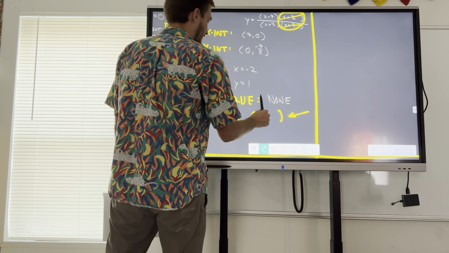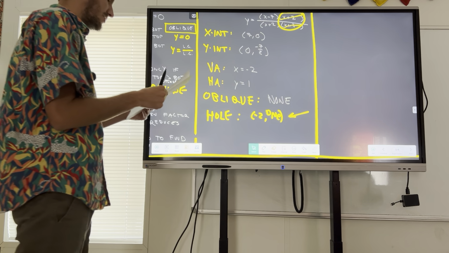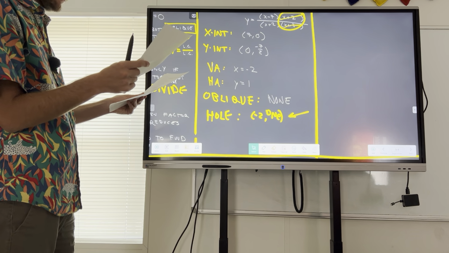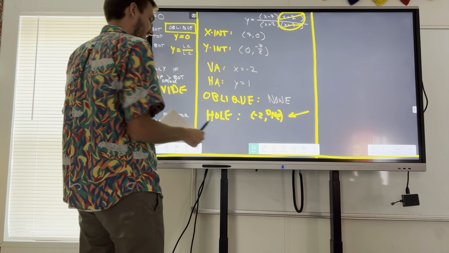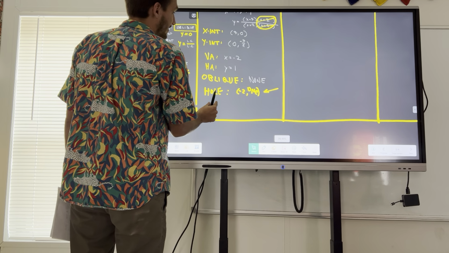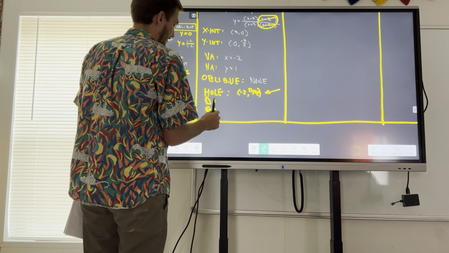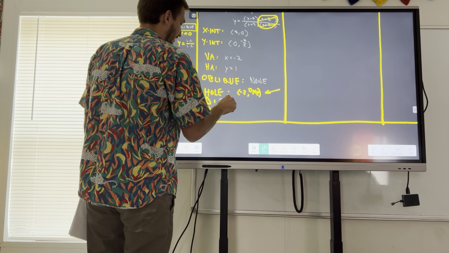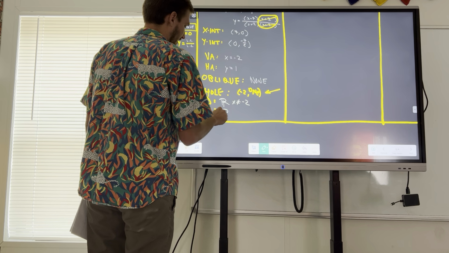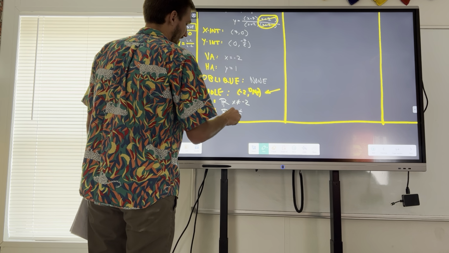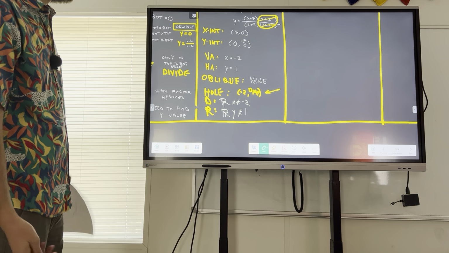You plug it in, you get undefined, it still doesn't work. We should have come up with a better question when we randomly did it. Domain and range, you need to exclude all real numbers. X is not allowed to be -2, and for the range, all real numbers, Y is not allowed to be 1. I think that looks good.